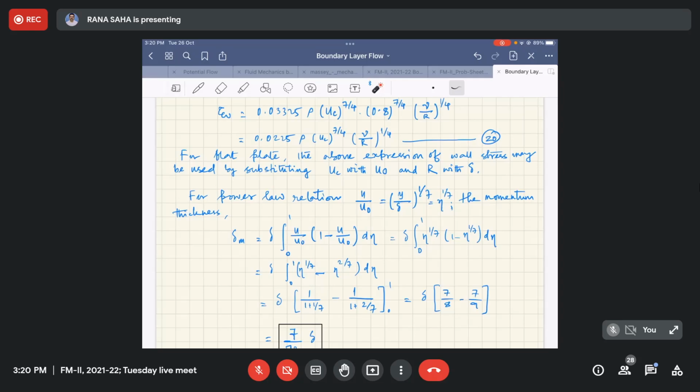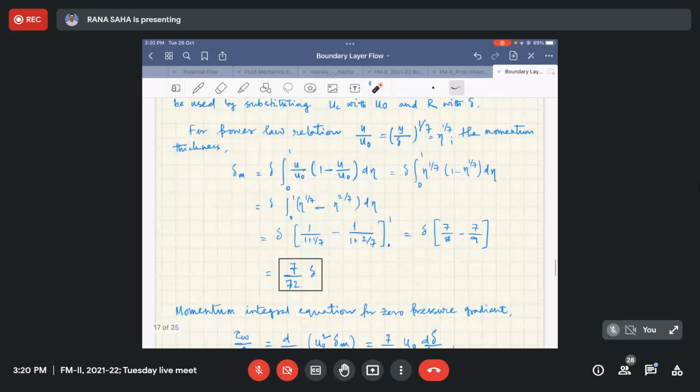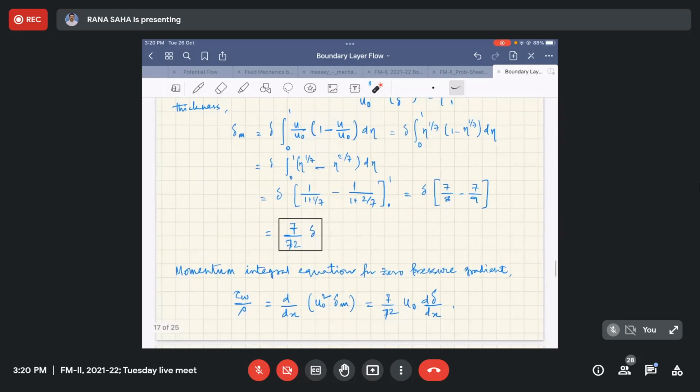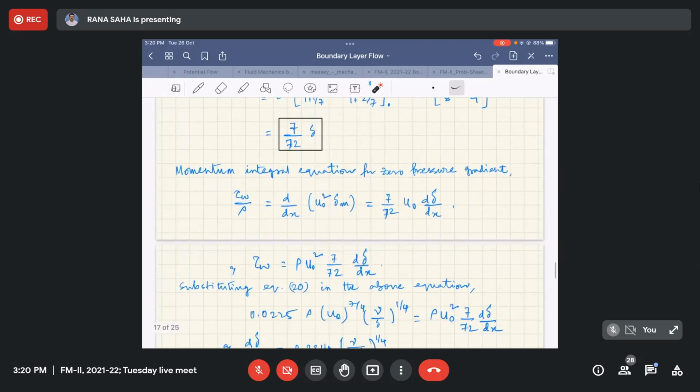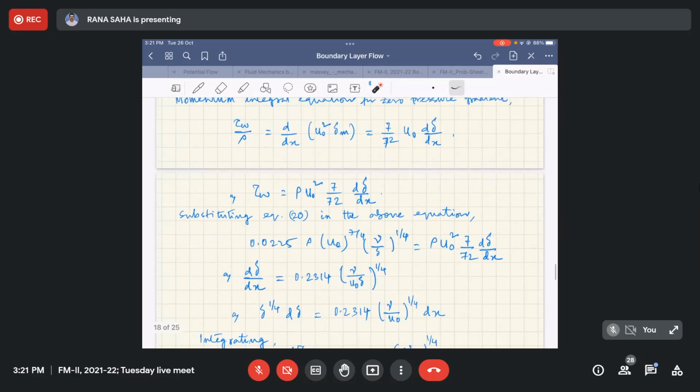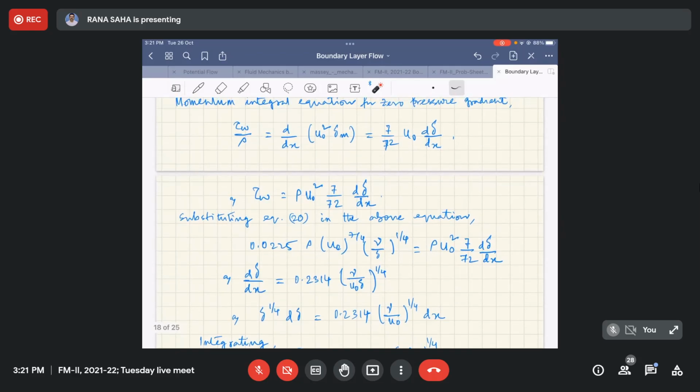As you know, momentum thickness will be required when you are going to use the momentum integral equation for zero pressure gradient, right? So that you get the expression of tau W in terms of delta.